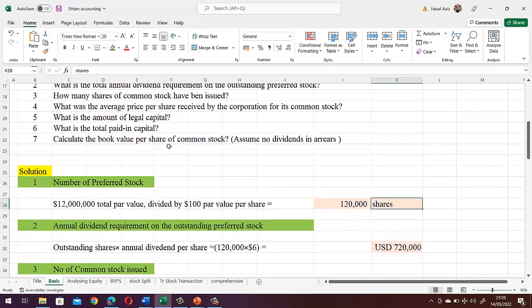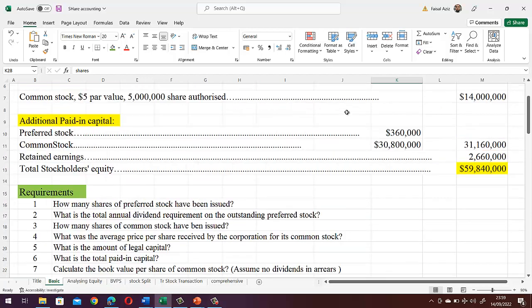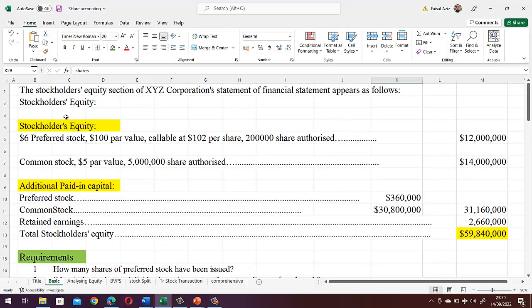The fourth requirement is: what was the average price per share received by the corporation for its common stock? As I said earlier, companies normally sell their stock at a price which is more than its par value. It is possible only if the company is enjoying a good reputation in the market. Here we can see that the actual amount which the company has received is 14 million, and the company has also collected some additional paid-in capital, which is 30.8 million.